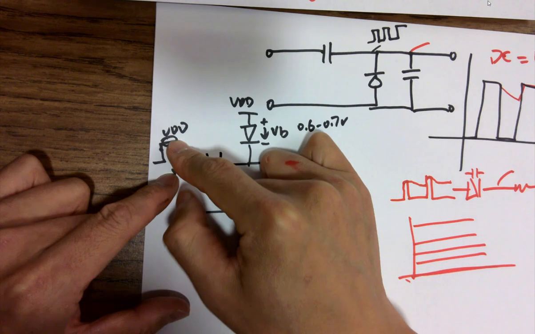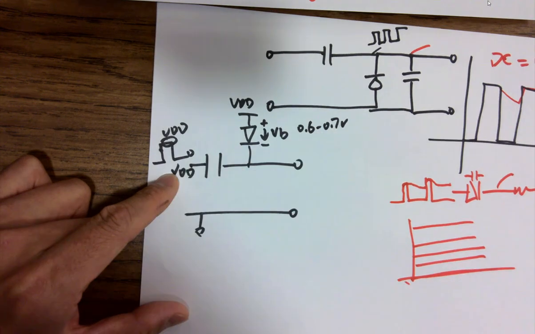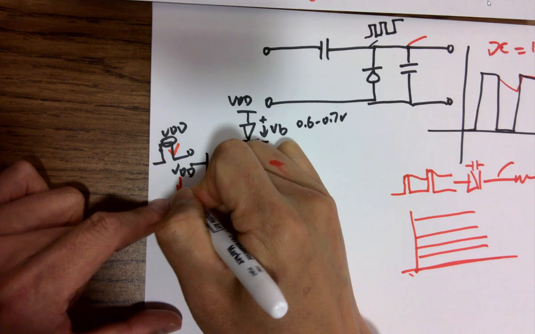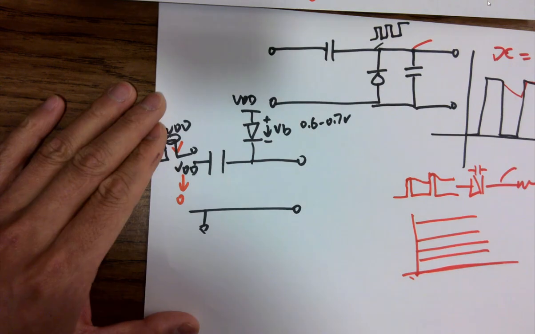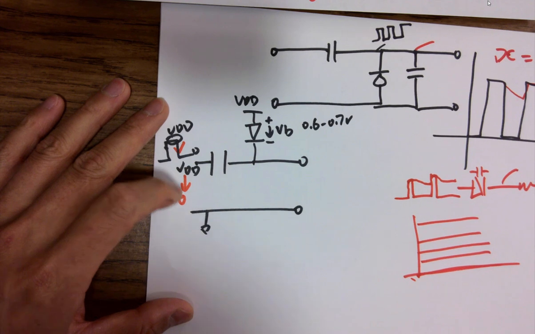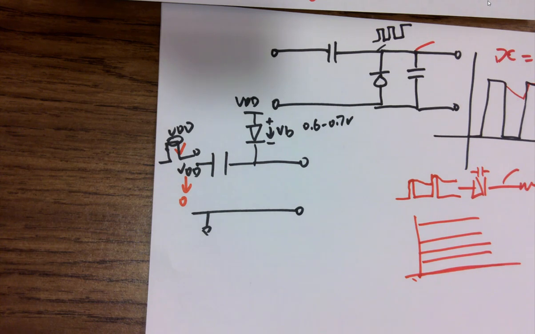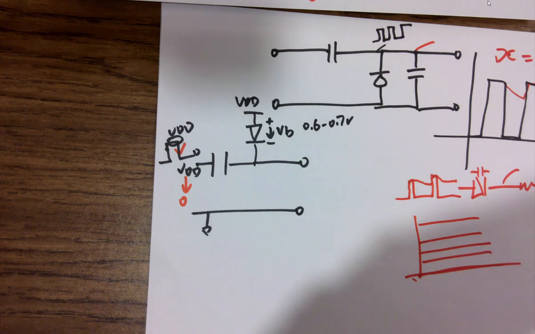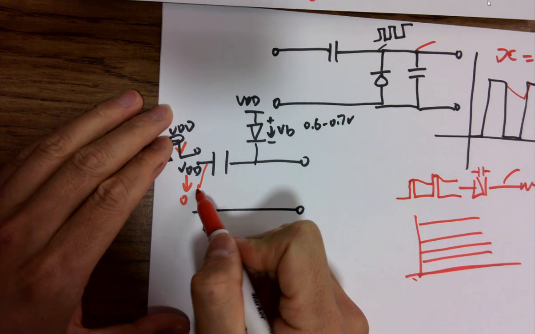However, once you discharge it, keep in mind, this is a very important moment. Once you start discharging it, from VDD to ground, what's gonna happen? It's like you have a bucket of water on the top, and at the bottom, at a moment, you start draining the water because you are pulling this down to ground.